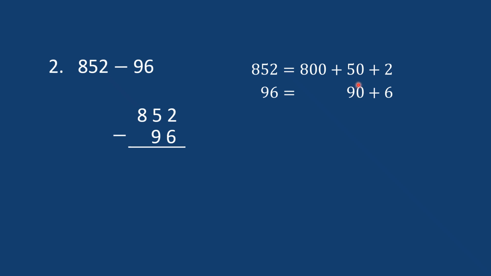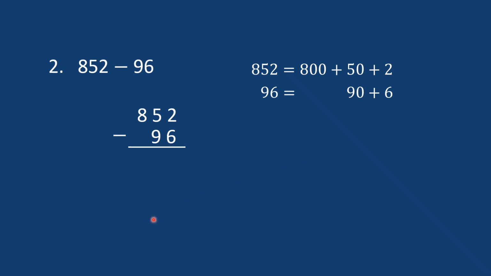90 is larger than 40, so we cannot subtract 90 from 40. So we must borrow from 800. We are going to borrow 100 so that 40 becomes 140 and 800 becomes 700.